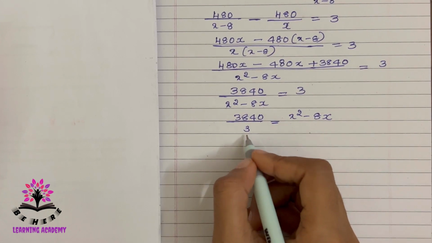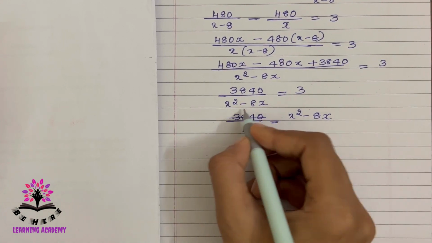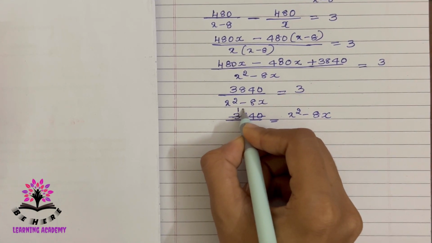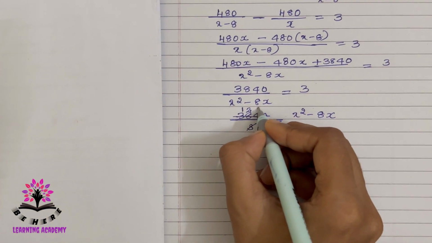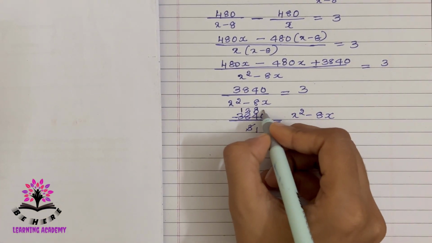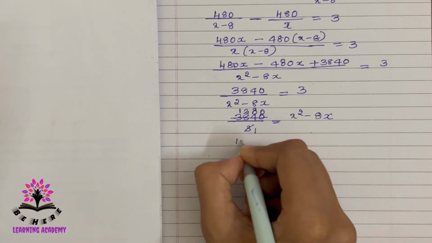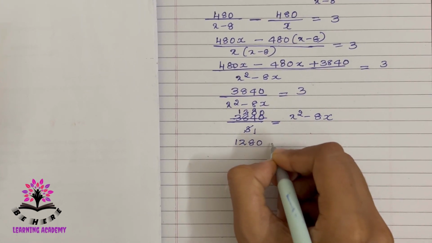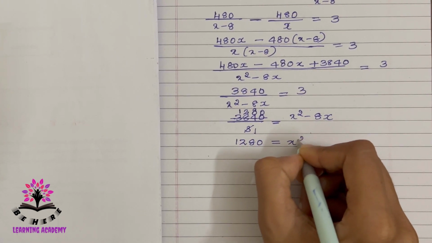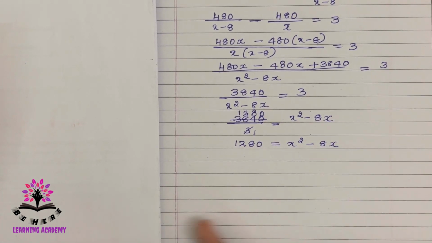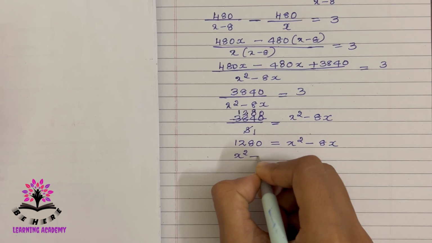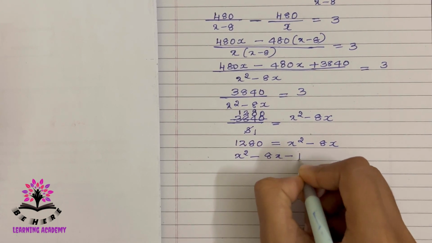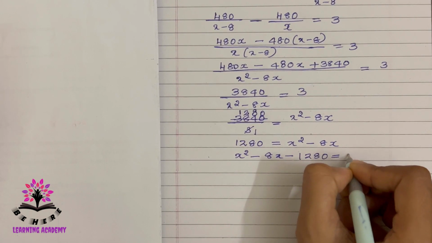After dividing, I will get the answer 1280. That will be equal to x square minus 8x. Now let us write it in the general form. The general form will be x square minus 8x minus 1280 will be equal to 0.